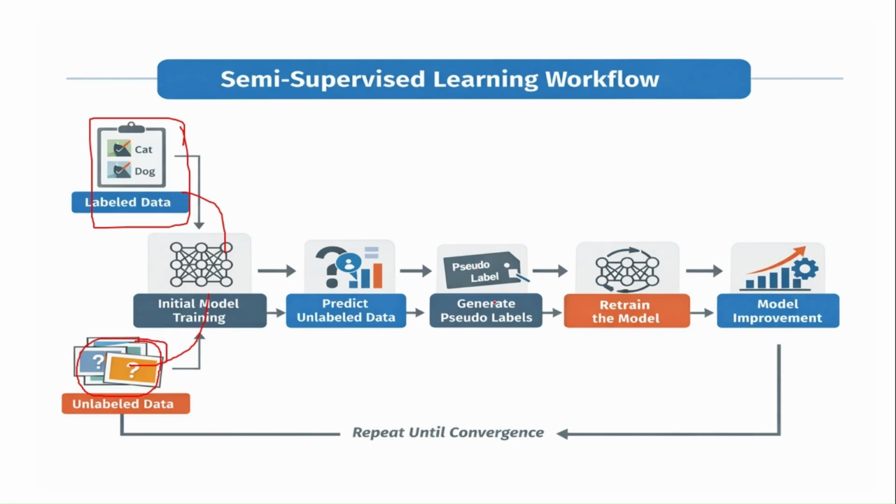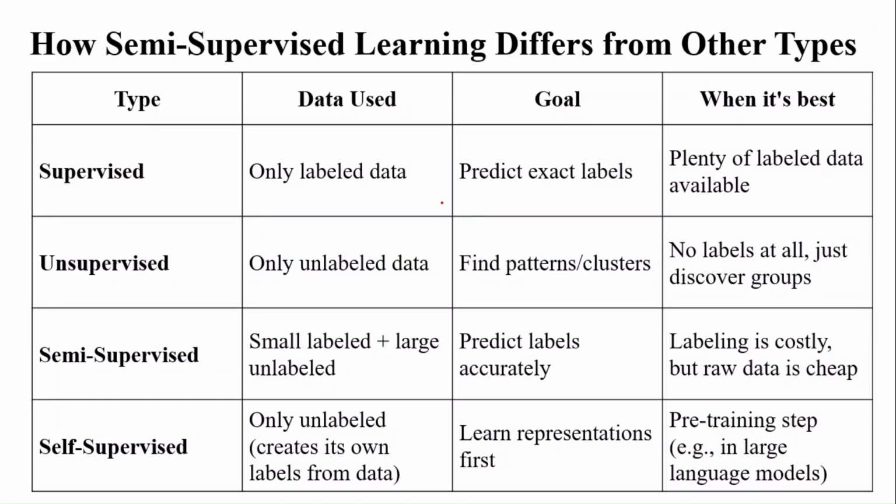With the help of the predictions, we create pseudo labels, so we label the unlabeled data with their help. Then we retrain the model, which gives model improvement. Again I will go back and check the labeled or unlabeled data. So this is the workflow of semi-supervised learning.